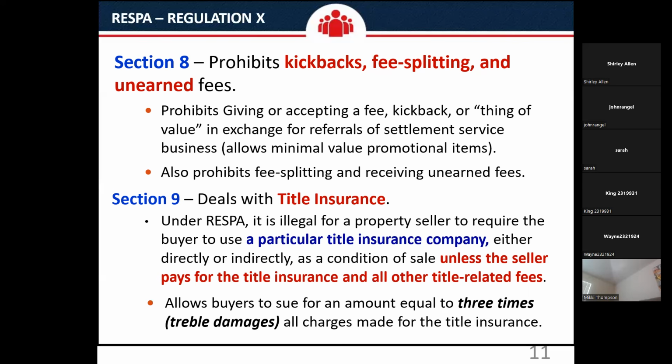Section 9 allows the buyers to sue for an amount equal to 3 times, again, the treble damages, for the title insurance if that situation was not agreed upon by both parties.